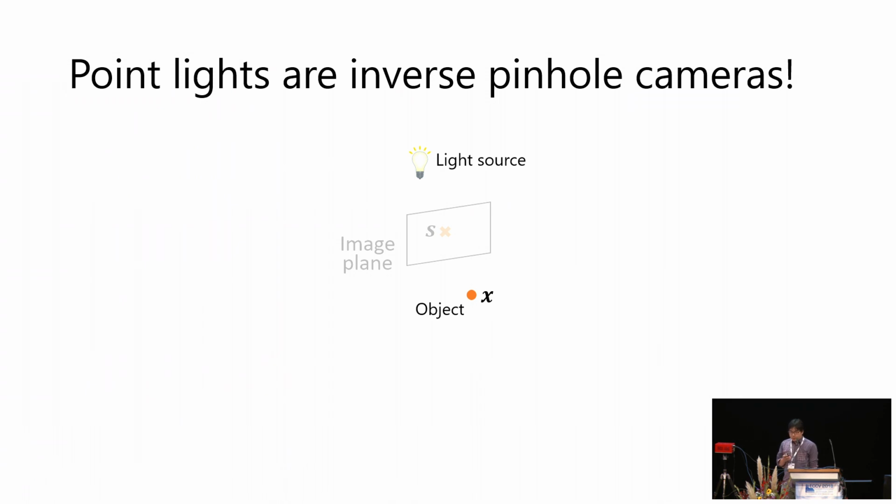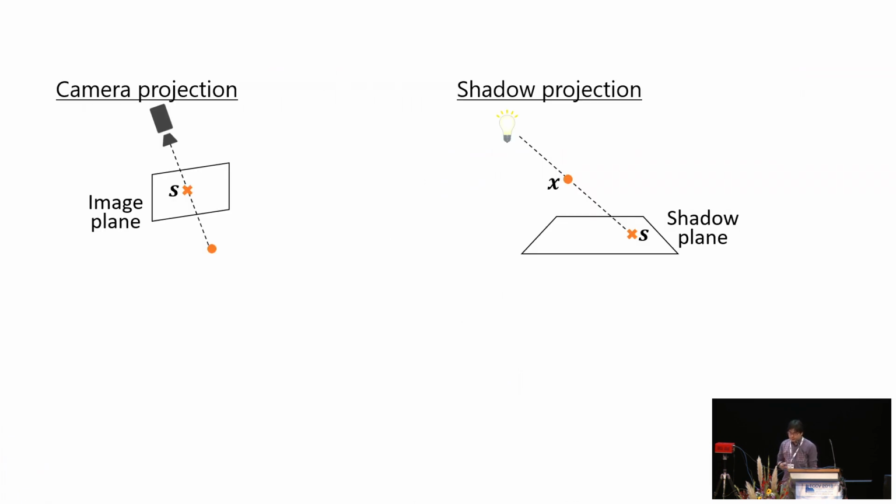So instead of receiving light through a point like a camera, it emits light from a point. So as a result, it projects object point X to point S on the shadow plane. Mathematically, both projections can actually be formulated in the same way.